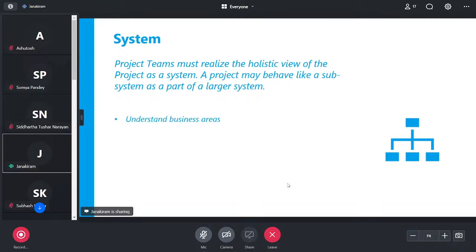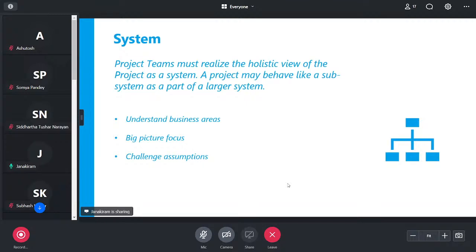Understand business areas, big picture focus, as I mentioned, and challenge assumptions, right? This is also called challenging the status quo. This is more encouraged in modern frameworks. Even PMBOK 7th edition encourages challenging the status quo indirectly. Earlier, in the standard way of project management, project teams formed a set of rules and followed them for eternity.